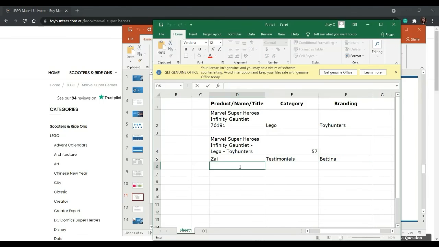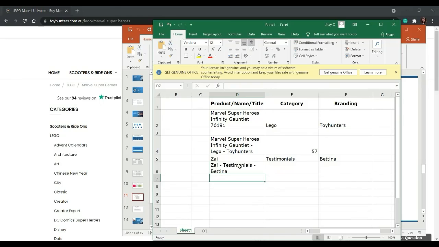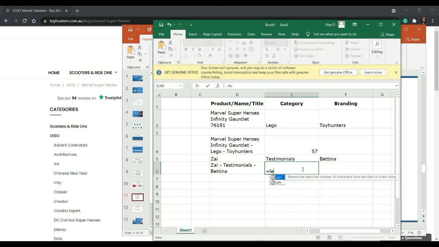So when we make a title tag, we have to put there Zai, testimonials, and Bettina. Okay, let us count. 28. So it's not below 15 characters. It's 28, so it is considered a good title tag.